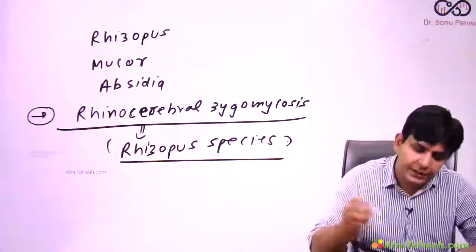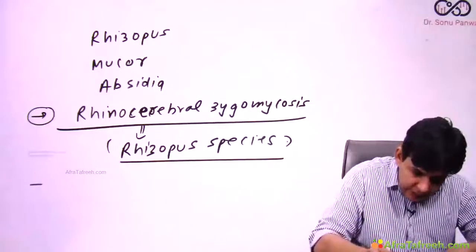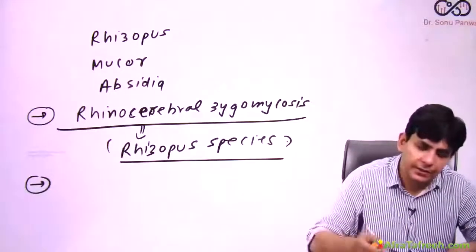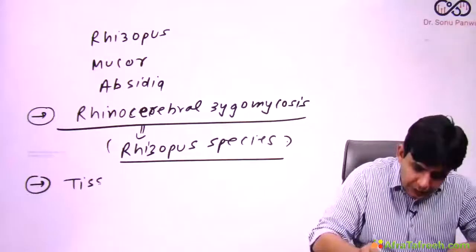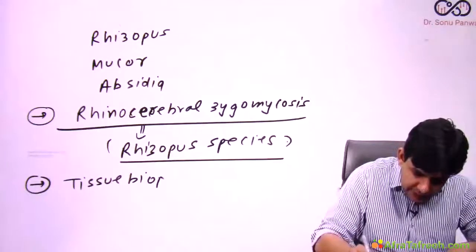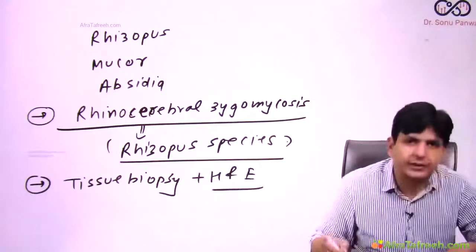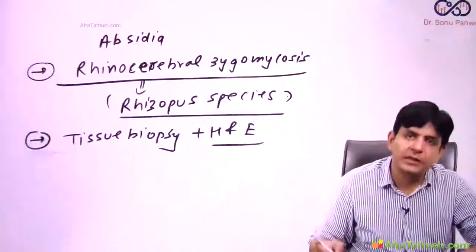Then you need to remember how to diagnose whether this is being caused by a zygomycete or not. For that you do a tissue biopsy and stain it with H&E stain. What is H&E? Hematoxylin and eosin stain.